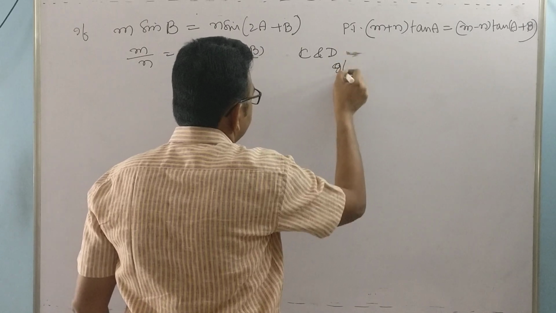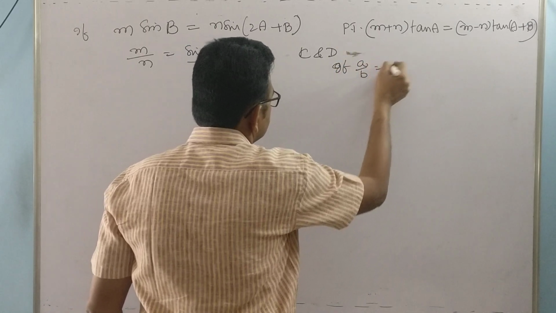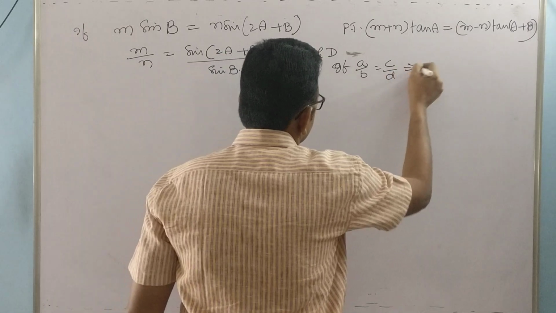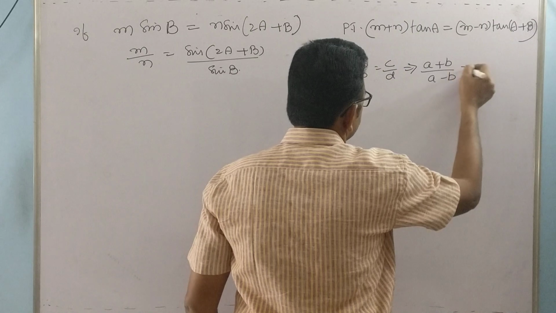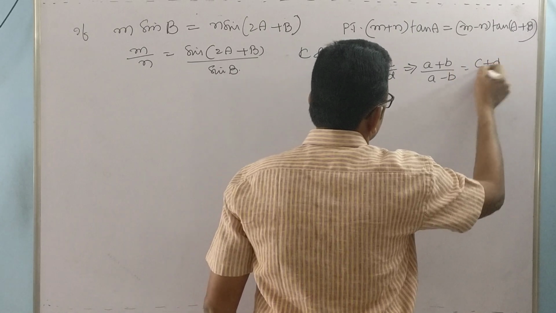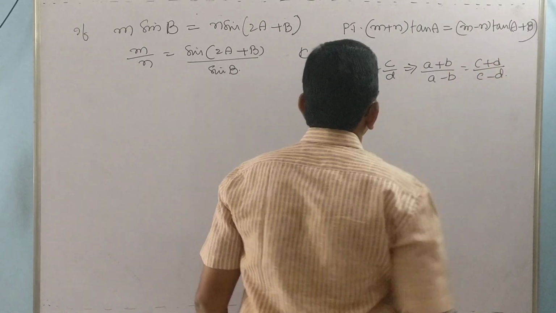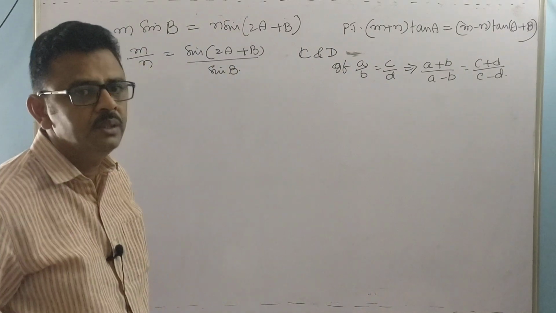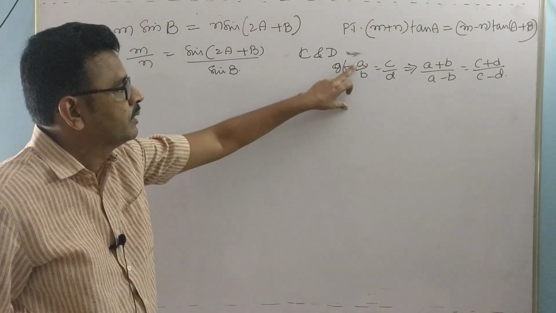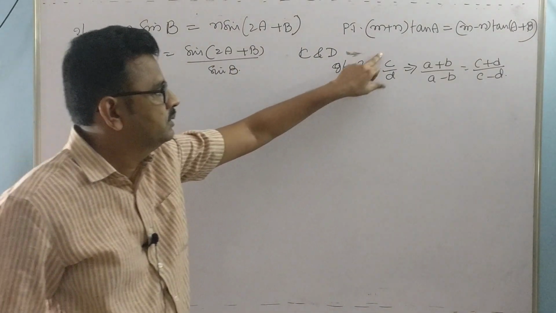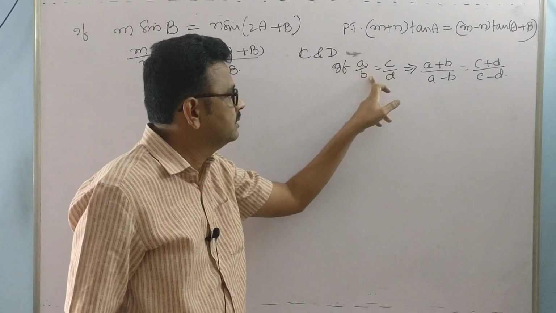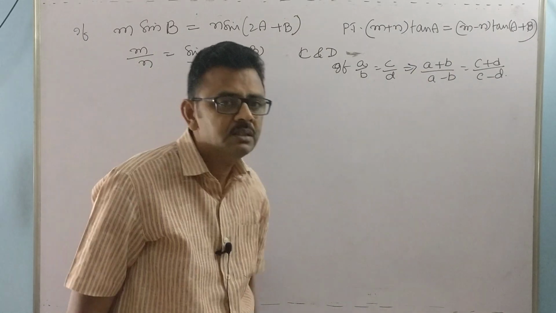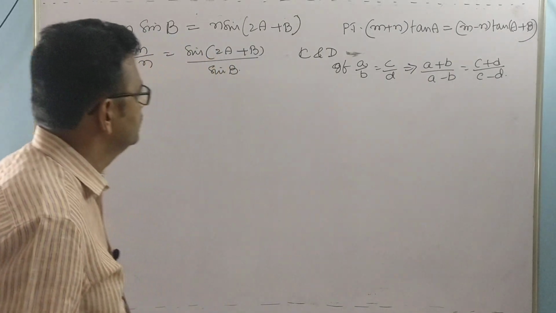If a by b is equal to c by d, it implies (a plus b) by (a minus b) is equal to (c plus d) by (c minus d). So this is called the componendo and dividendo rule.